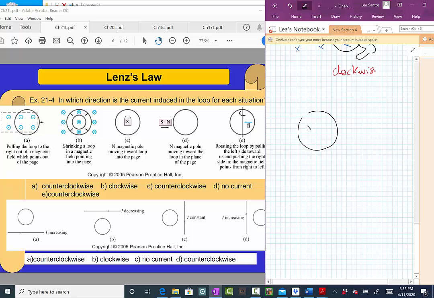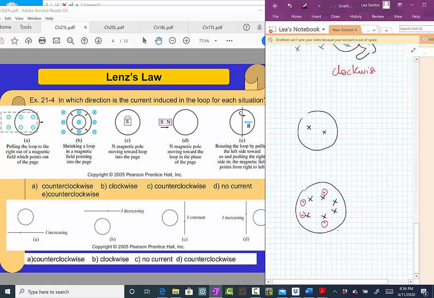Okay, so in other words, we had initially the magnet far from our loop, which means we had just few lines. As we push this magnet towards this loop, we'll have more and more lines, stronger and stronger magnetic field. The current that is going to be induced wants to oppose this change, wants to kill these additional lines that we are creating. So to kill these additional lines, now we want magnetic field coming out.